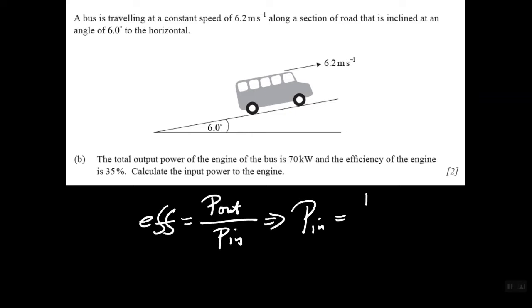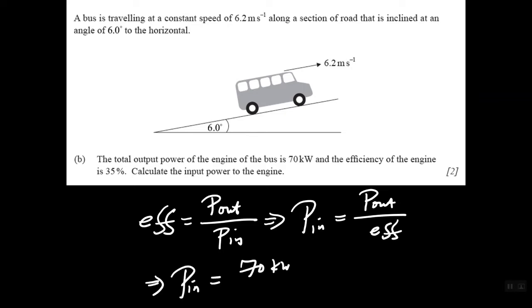Efficiency is output power divided by input power. That means input power equals output power divided by efficiency. Output power is 70 kilowatt divided by efficiency 0.35. That gives us 200 kilowatt.